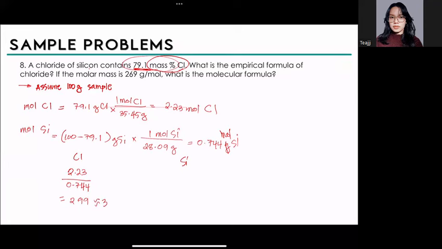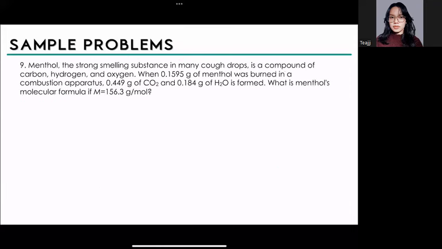And then for silicon, 0.744 over 0.744 is equal to 1. So the formula for our chloride of silicon will be Cl3S. That's Si, actually. And that's it. Okay, now we're halfway there. We are going to be on question 9 out of 15.